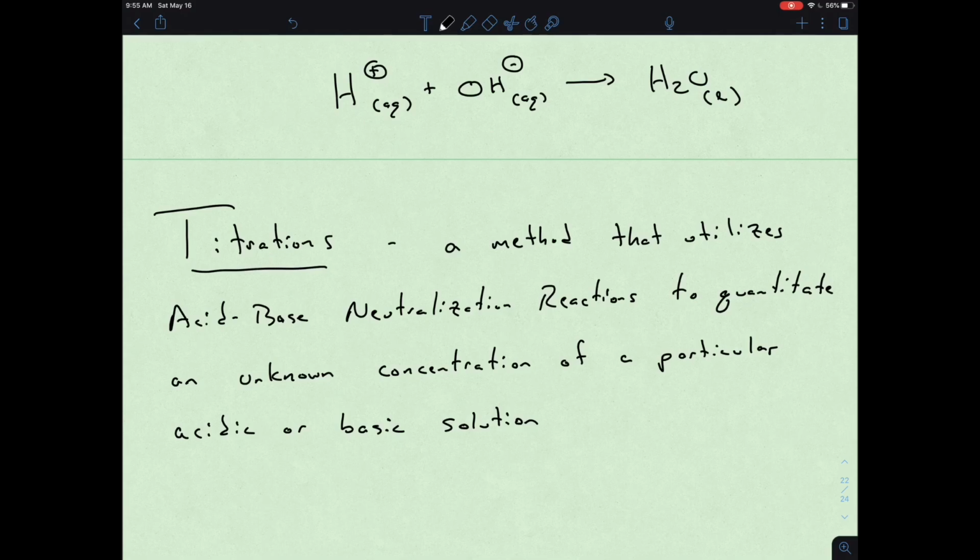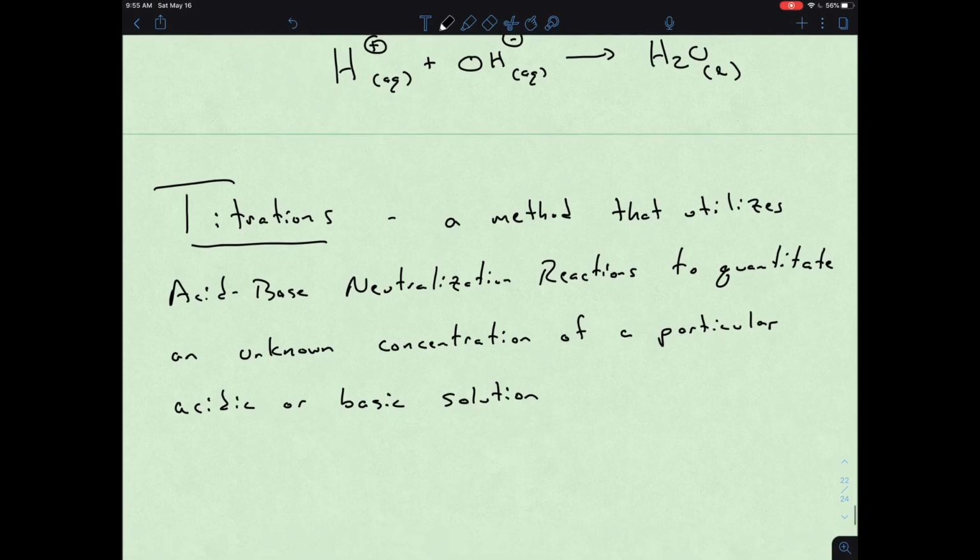So this is a method that we actually use, and we have a couple of different terms within titrations.